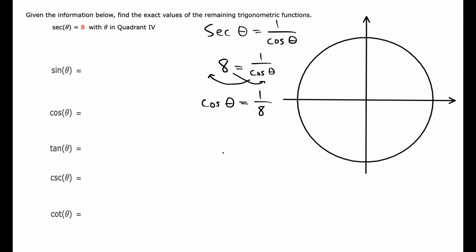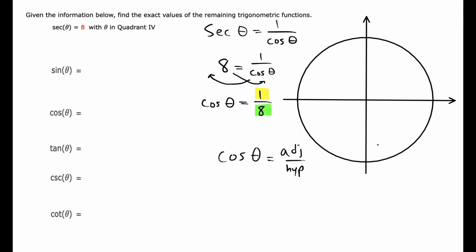Now, cosine theta, according to SOHCAHTOA, is the adjacent side over the hypotenuse. So they're saying that the adjacent side here is a 1 and the hypotenuse is an 8.